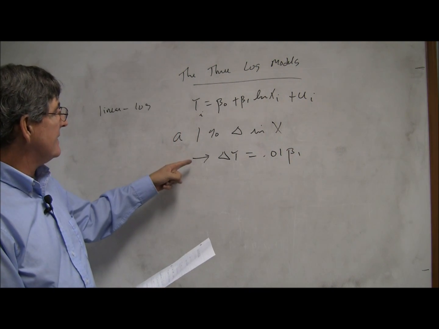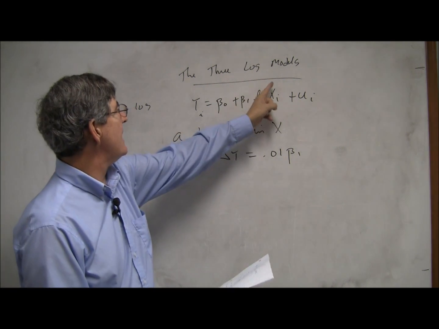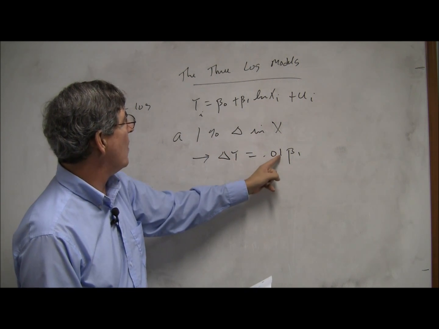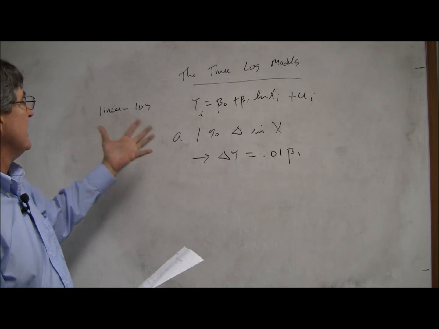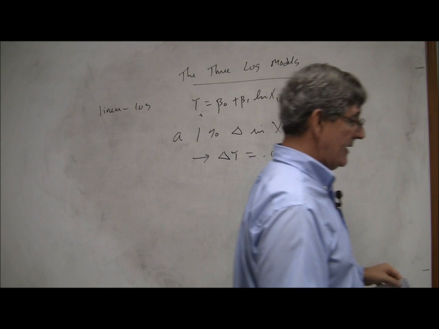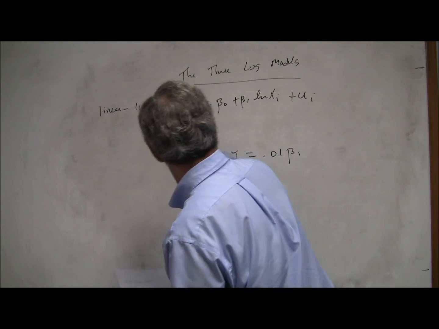And I'll show you how to get this in a second. So in this model, if you increase x by 1%, y will change by 0.01 times beta 1. And so it gives you that sort of a relationship between y and x. The way you get this result, let me derive it.